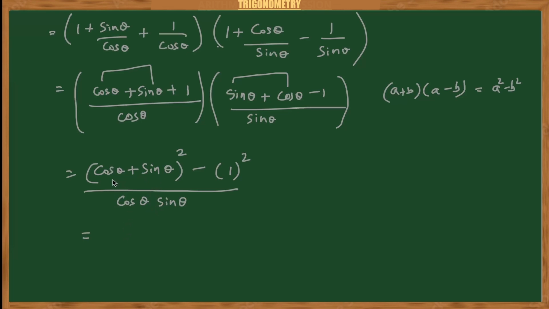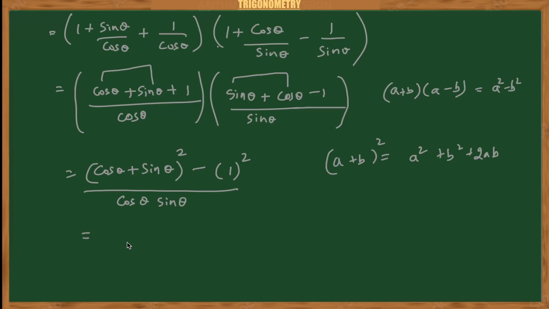Here we can see that it is in the form of a plus b whole square. We know the formula: a plus b whole square can be represented as a square plus b square plus 2ab.